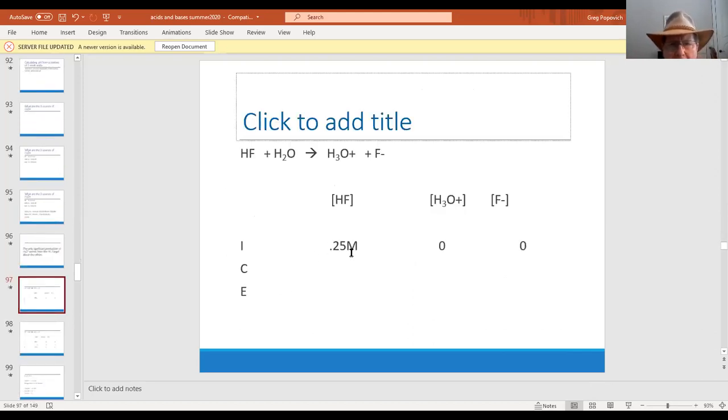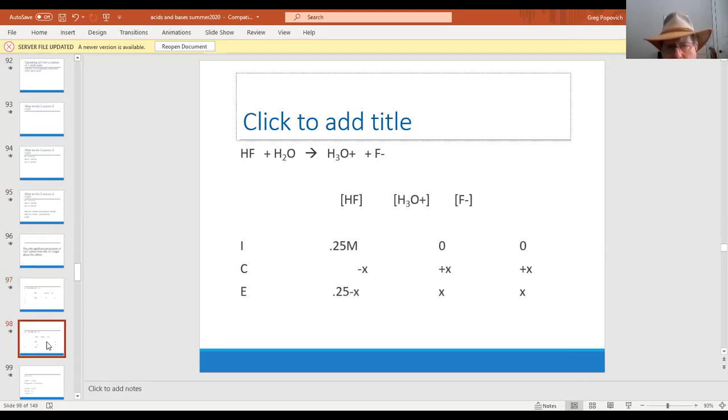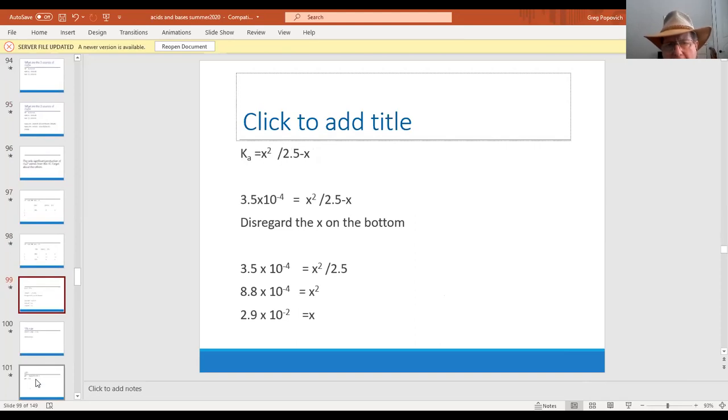I know I have that much HF, so it becomes a simple ice diagram. I produce X H3O, X F minus. I lose X from my HF. I set up my Ka. My X ends up being 2.9 times 10 to the minus 2.